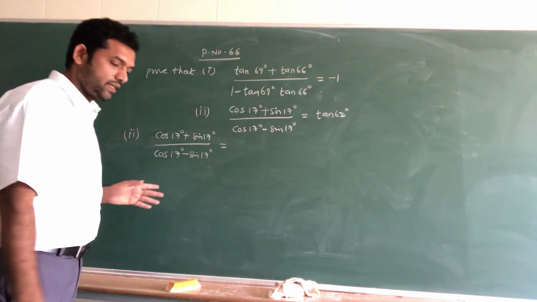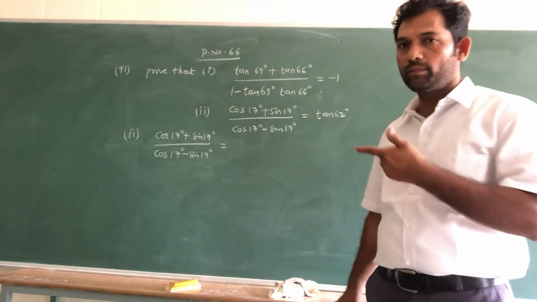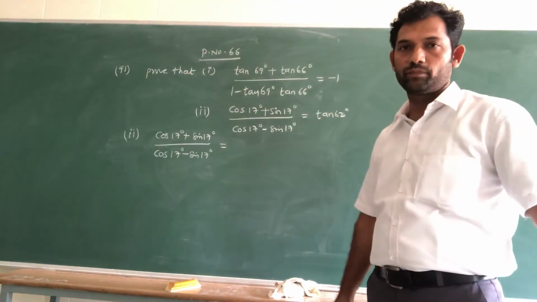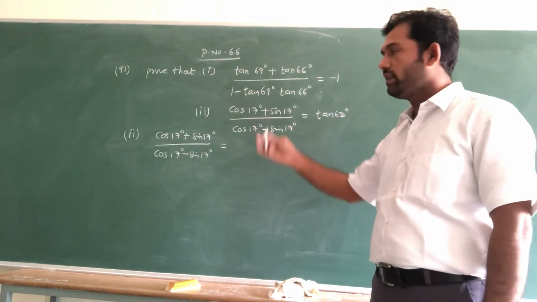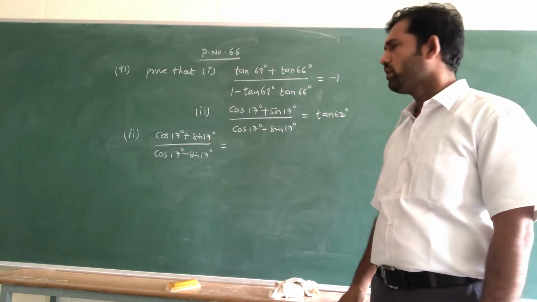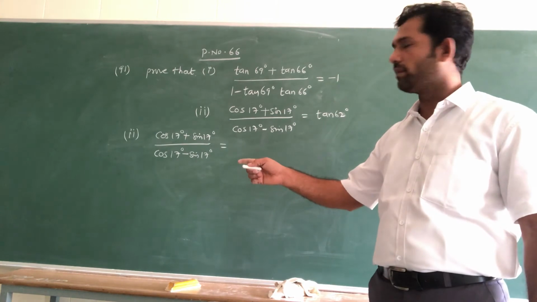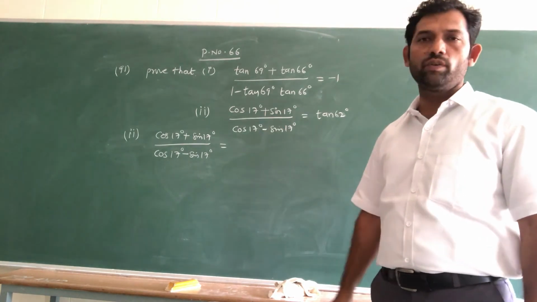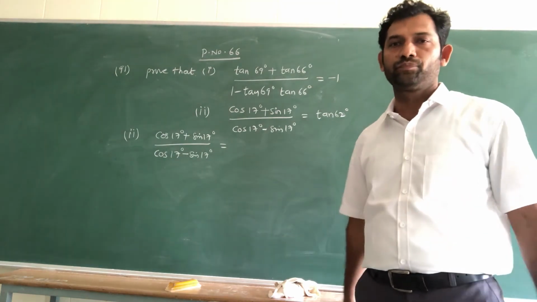Same as the example problems I was explaining based on this. Since sine and cos are given, we have a direct formula, and that trick I will explain after completing this. Here the whole problem should be converted into tan.